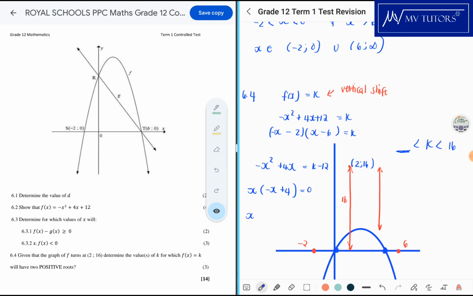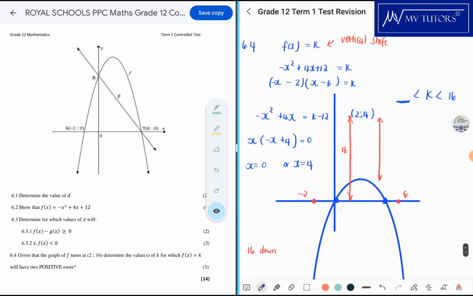So my roots then would be x is equal to 0 or x is equal to 4. So if I shift it down, this will be 0, that will be 4. And that means I have practically shifted down 12 units. I hope I'm making sense.